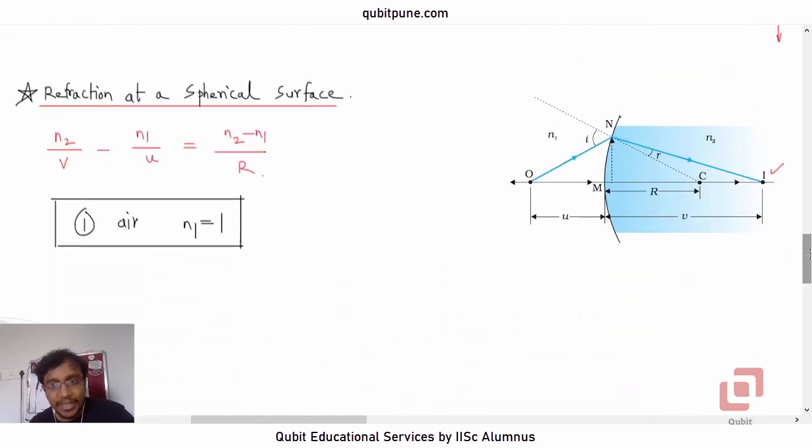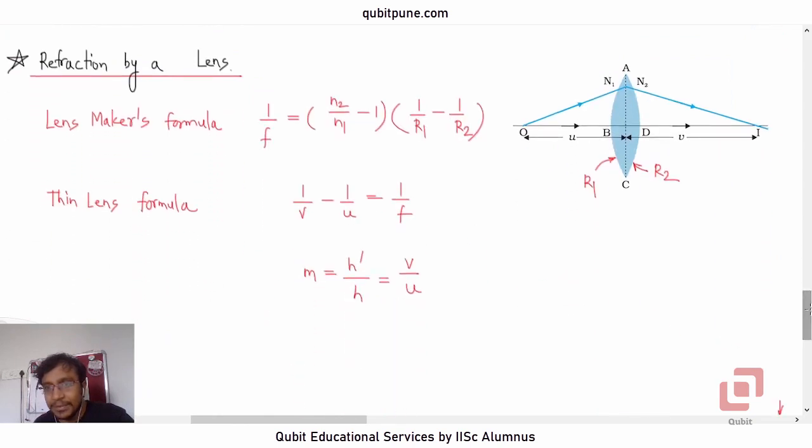You imagine this curved surface first, so this becomes r1, and then obviously the next one will become r2. Is that clear?